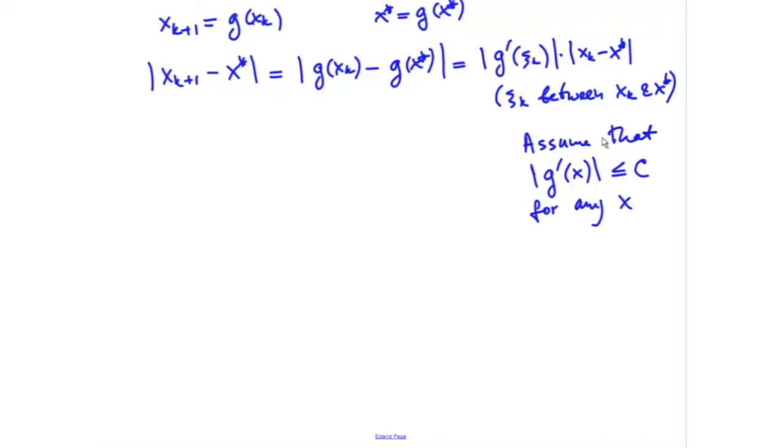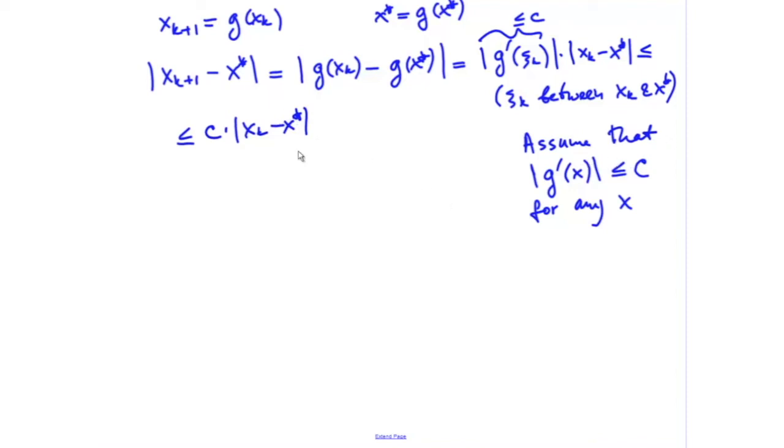All right, if we assume that, then we have an upper bound on the error: the absolute value of xk plus 1 minus x star will be less than or equal to c multiplied by the absolute value of xk minus x star. Okay, so now we express the error after k plus 1 steps through the error after k steps. And we can keep doing this.